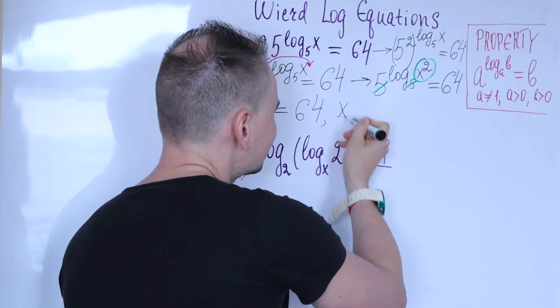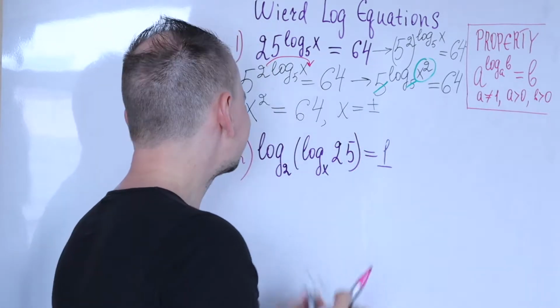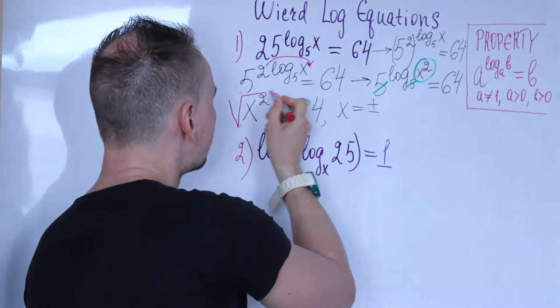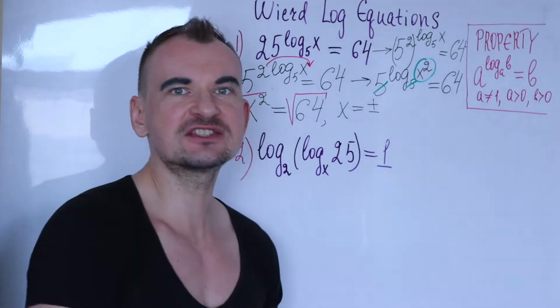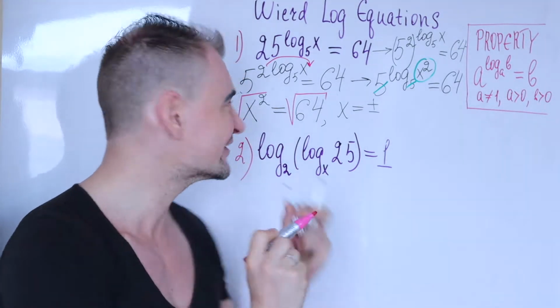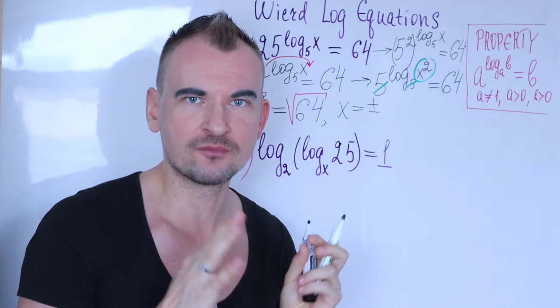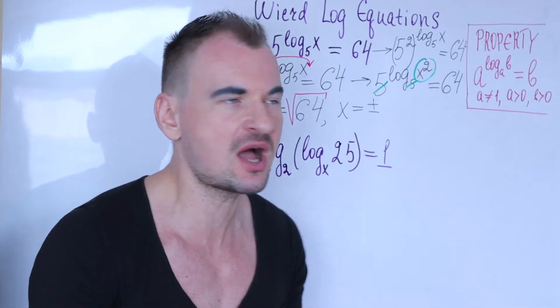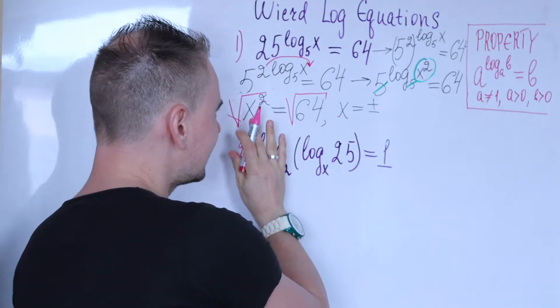So all you do is take a square root from both sides of your equation, and since taking a square root and squaring are inverse operations of each other, they undo each other. So we could get rid of this stuff over here.